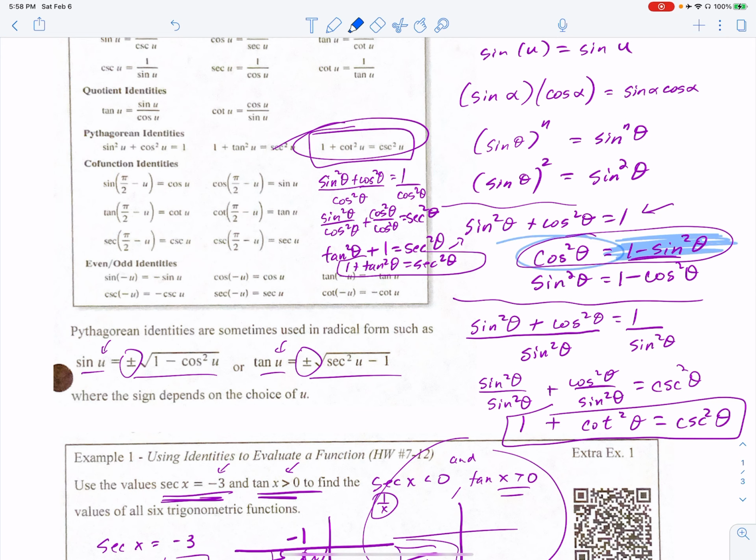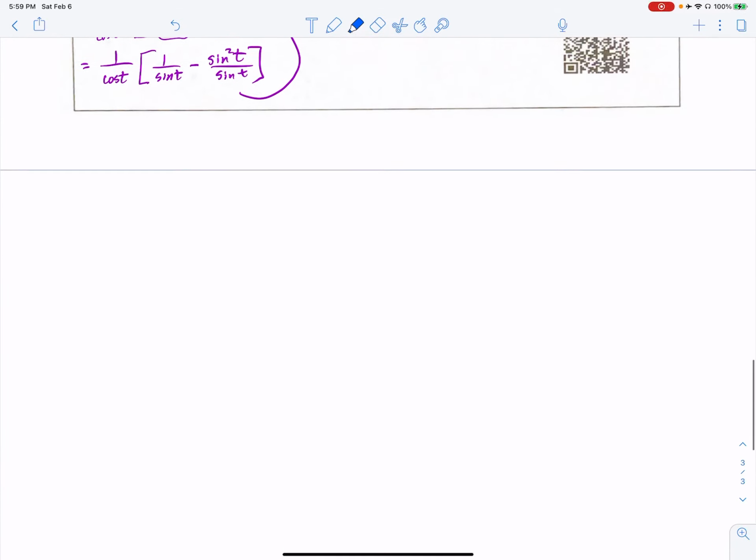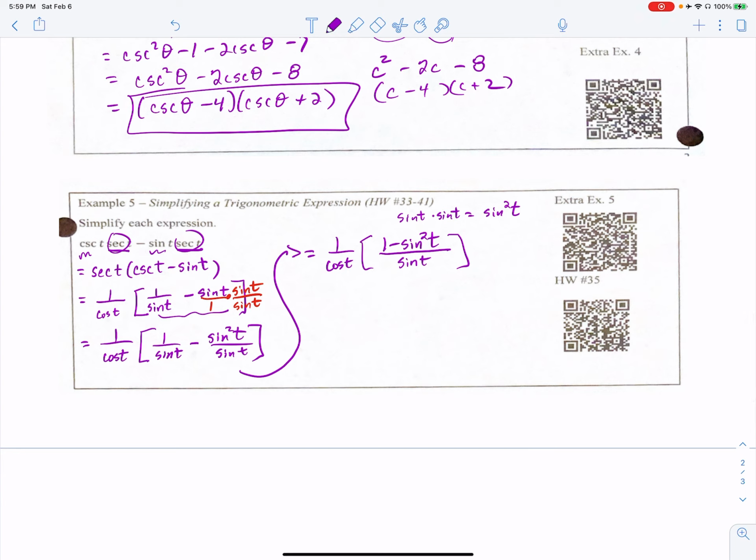One minus sine squared t is the same as cosine squared t. Here I have it in theta, but theta can have different variables. In the problem we're working, it's a t for a variable. So I can replace 1 minus sine squared t with cosine squared t.